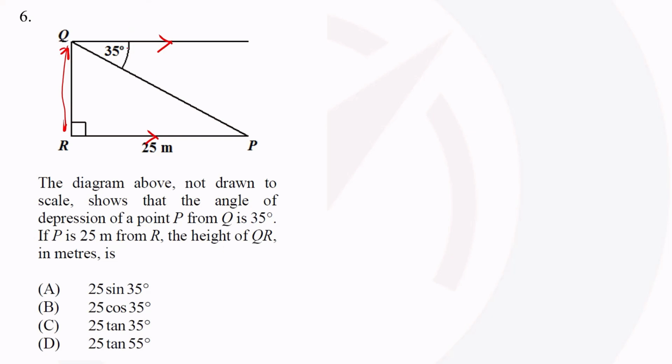Another term we call them is alternate angles. In layman's terms they form a Z angle. When you have two parallel lines, this angle forming the Z is equal to this angle here. So we call that the alternate angles.